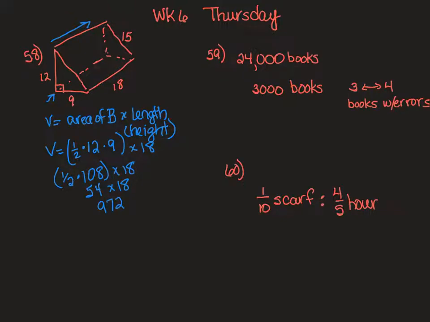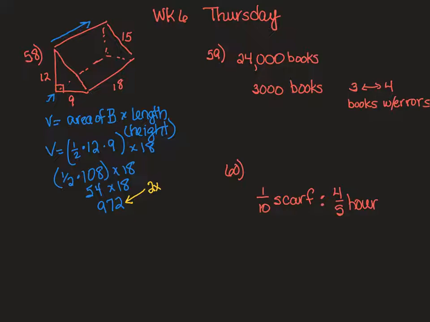Now, I want to make sure you understand that the problem asks which of those shapes would be exactly twice. So I'm going to have to multiply this times 2. The volume of whatever shape I pick is going to have to be twice 972. So this is also a reading problem.